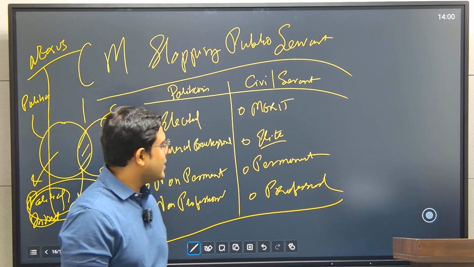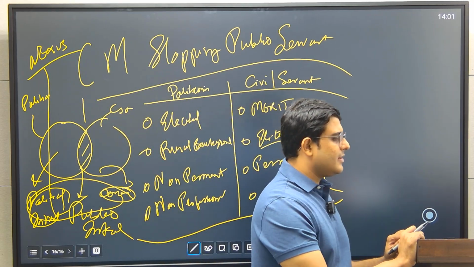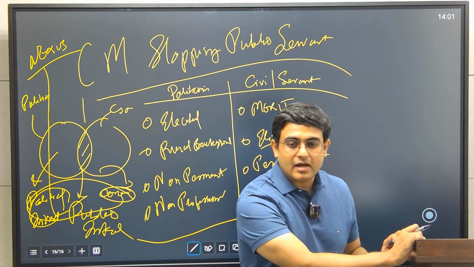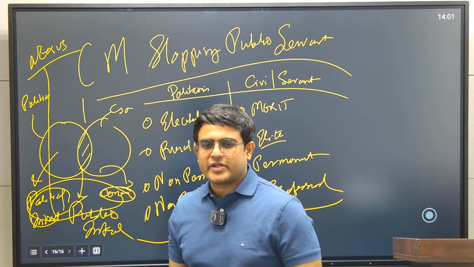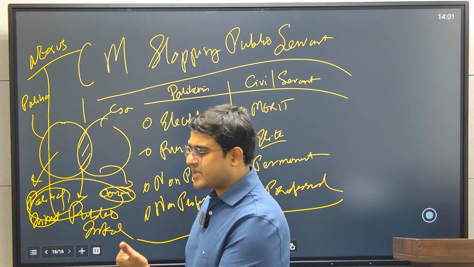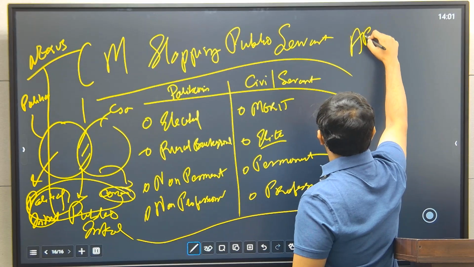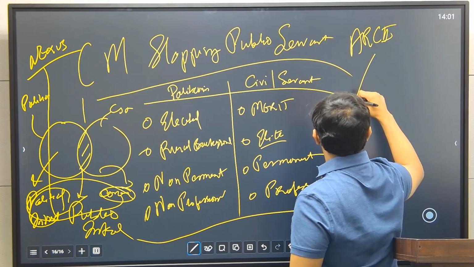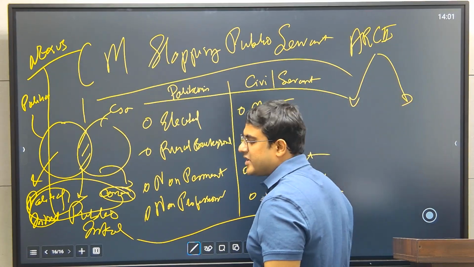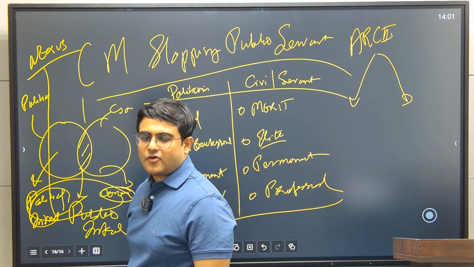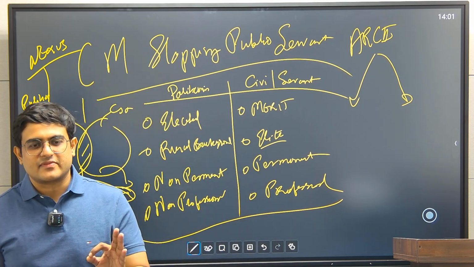Also interestingly, ARC2 had made a recommendation in this regard for a smooth relationship between the politician and the civil servant. What had ARC2 said? See, already there is a code of conduct for civil servants.